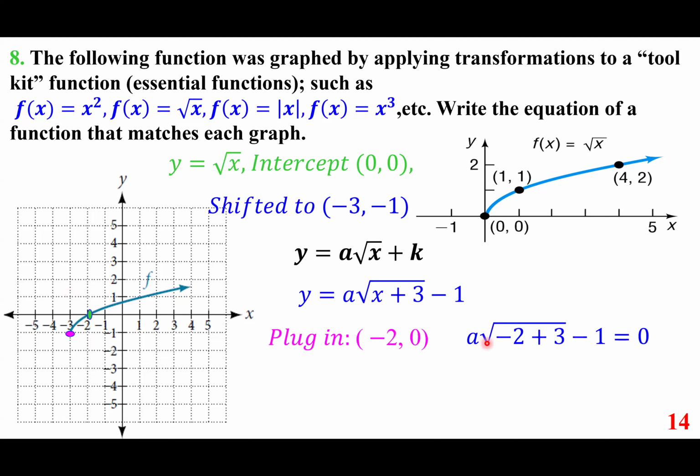So a times the square root of x, where x is -2 and y is 0. So this is 1, which comes out as 1. And so a minus 1 is 0, a is 1.